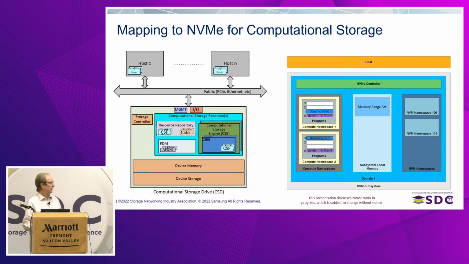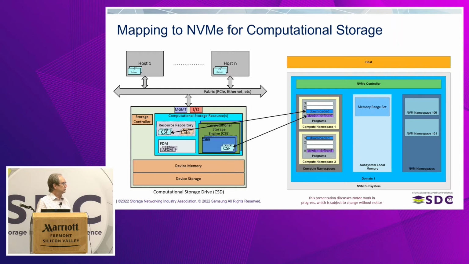So looking at this graphically, putting the two slides side by side, first off, you have the computational storage engine. Well, that's equivalent to the compute namespace. One-to-one correlation really between those. The computational storage functions, these are the programs that are in the compute namespaces in NVMe, and they can be downloaded or they can be device defined.